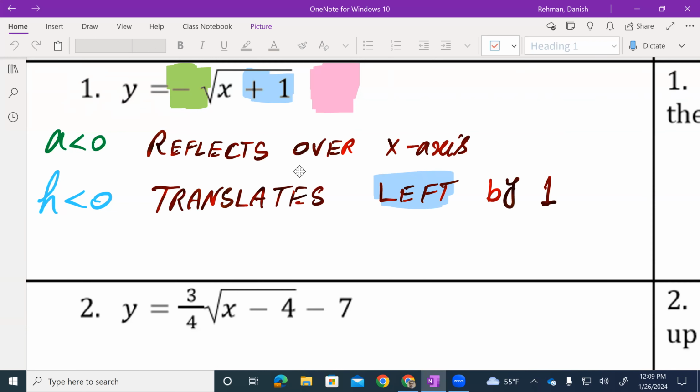By 1 unit. Same number that is there in the blue highlighted stuff. By that number, it's moving left. And if it's a negative, what will you claim? Moves right. If you will see here a plus, you will say move left. Right, Marco? Make sense?